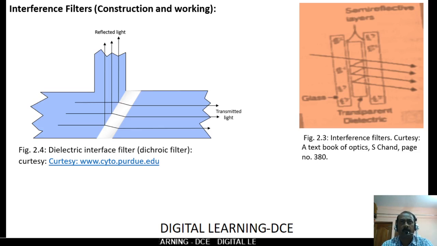However, it is not possible to increase the thickness of the metallic films indefinitely, since this would in turn reduce the intensity of the transmitted light. To overcome this difficulty, the metallic films are replaced by an all dielectric structure.